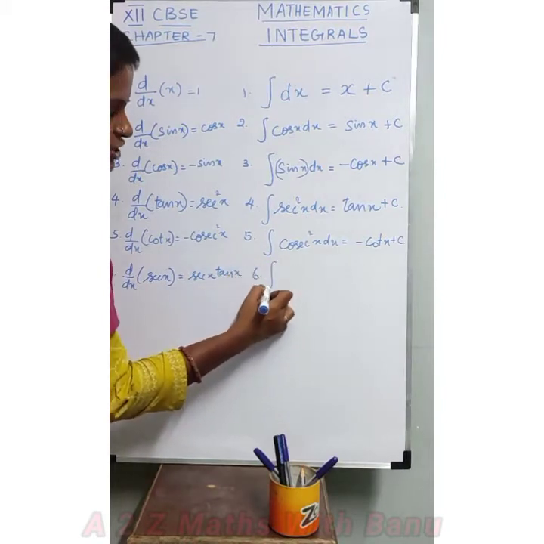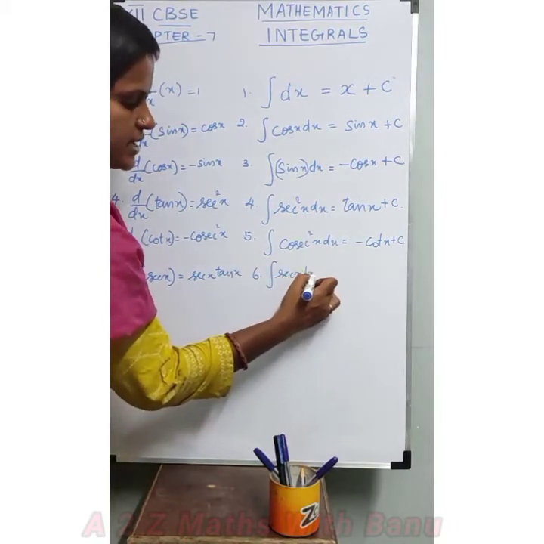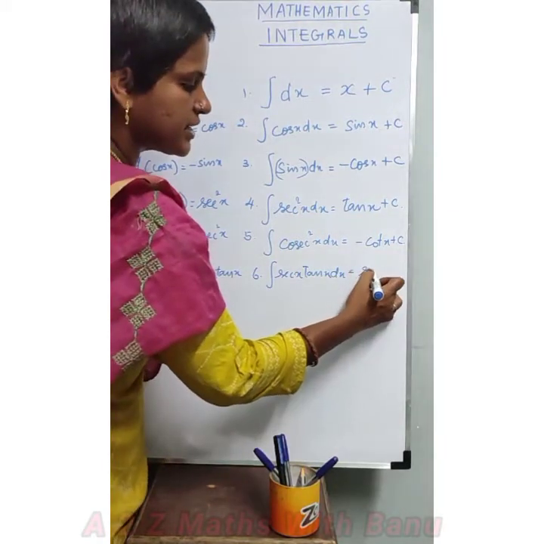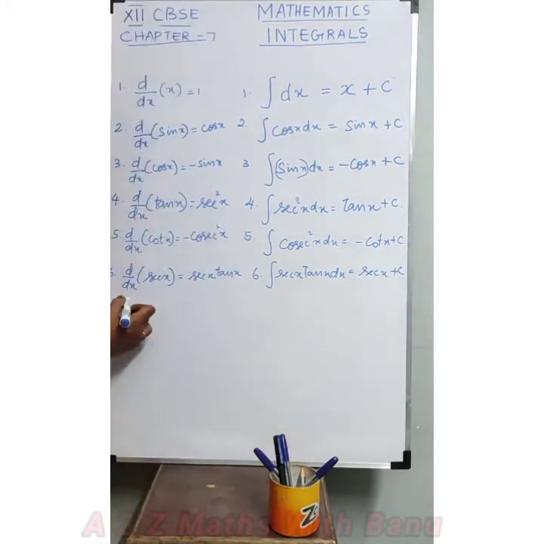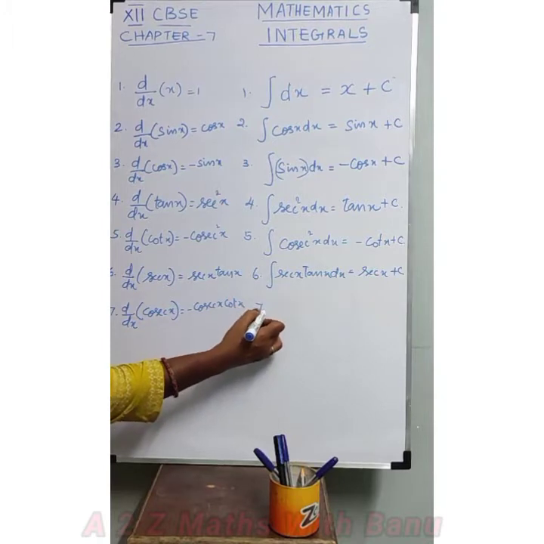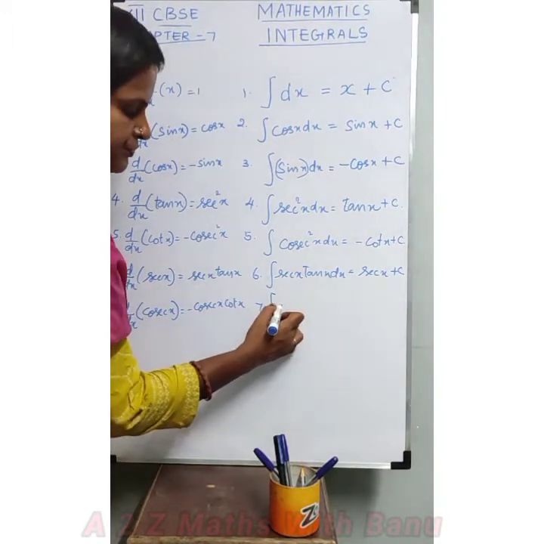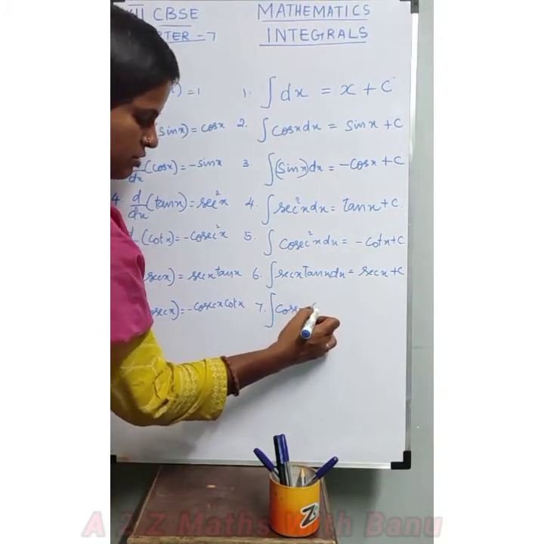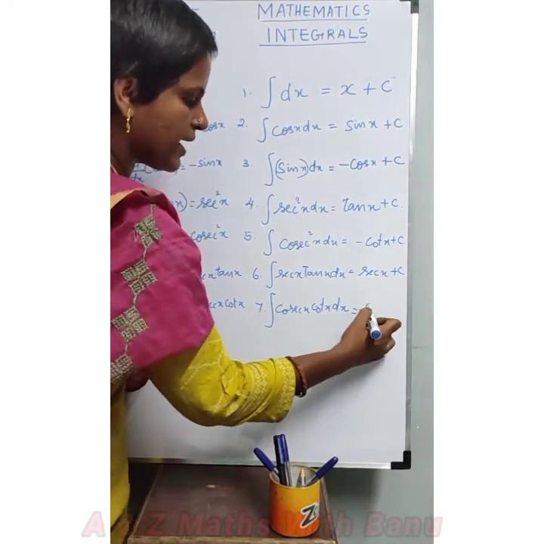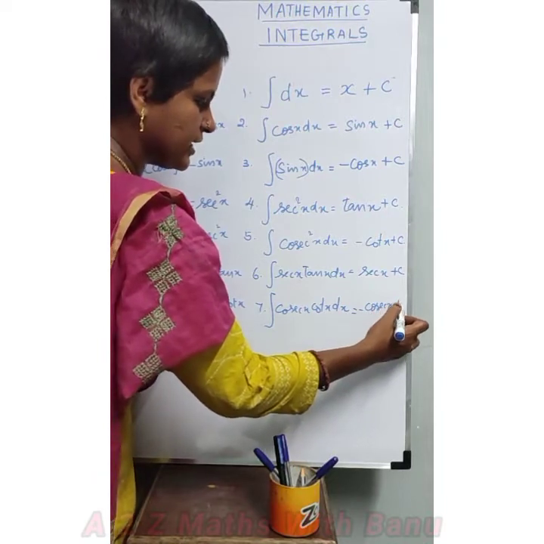Therefore, the integration of secant x tan x with respect to x is going to be secant x plus c. And then the derivative of cosecant x is minus cosecant x cot x. Therefore, the integration of cosecant x cot x dx is going to be minus cosecant x plus c.